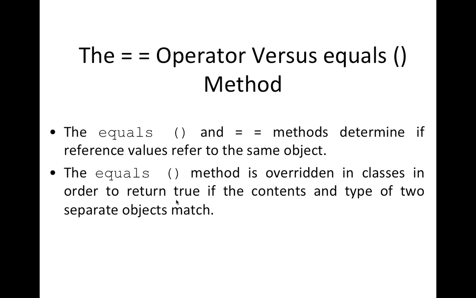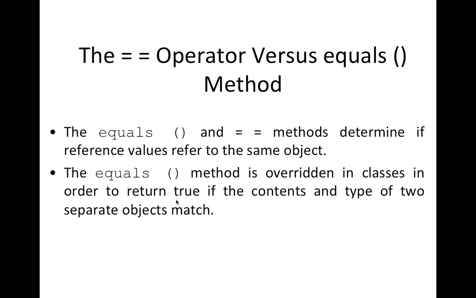Double equals operator versus equals operator. This is a very, very important interview question. Difference between double equals and equals. Double equals determines if the reference values refer to the same object.